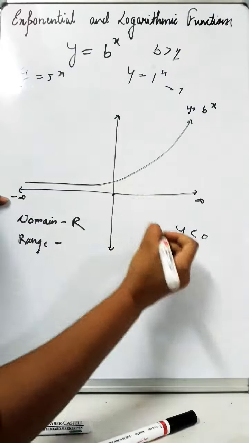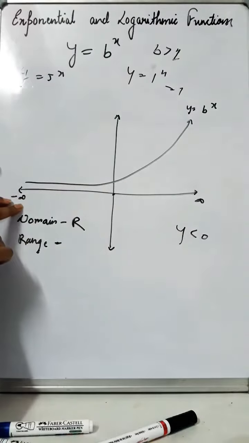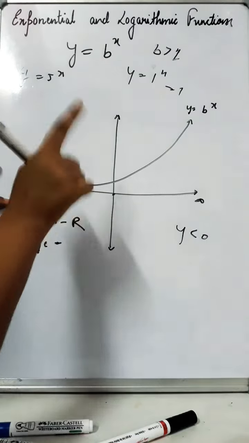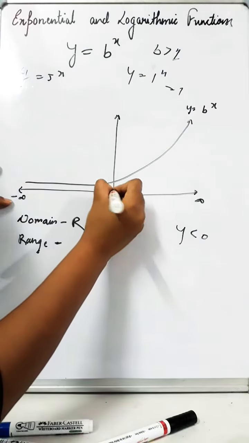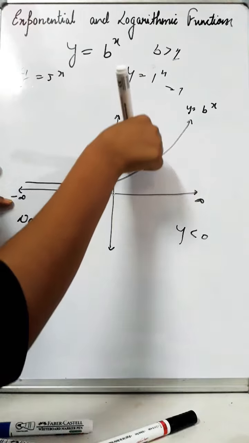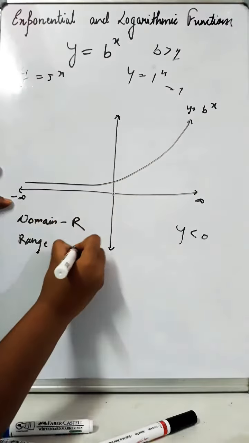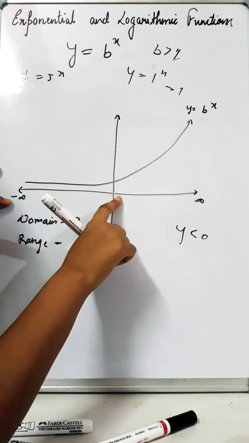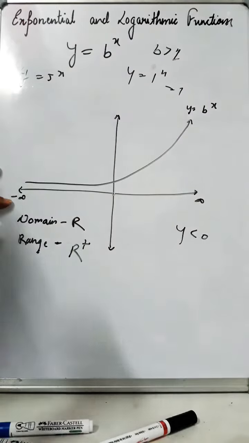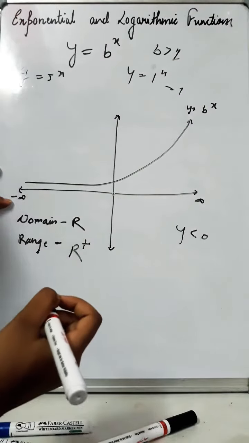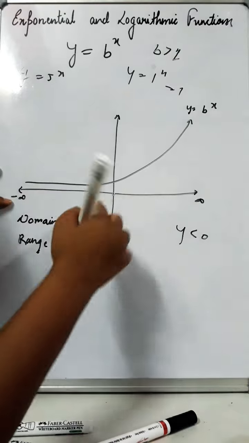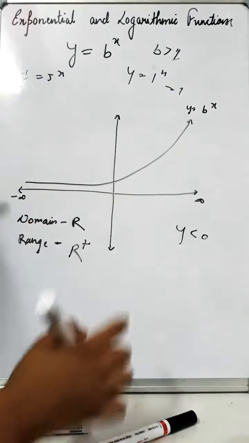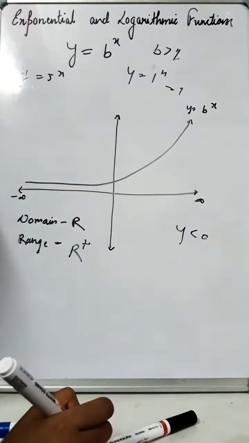So at minus infinity you get the value 0. So 0 will not be included. So the range of this graph is positive real numbers. All the positive real numbers, anything greater than 0, even the smallest value near 0 will come in the range, but 0 won't come in the range.